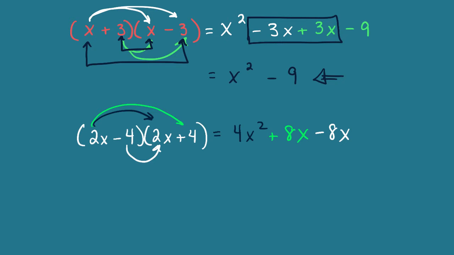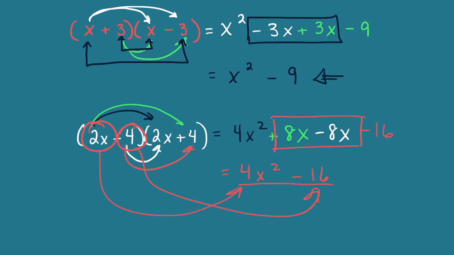And then lastly, we get negative 4 times 4. And again, we notice we get a plus and a minus here, and so those two disappear. And so again, we only end up with a binomial at the end. And if you notice here, this is the 2, and if I square 2, I do get the 4x squared. This is a 4, and when I square 4, I get 16.